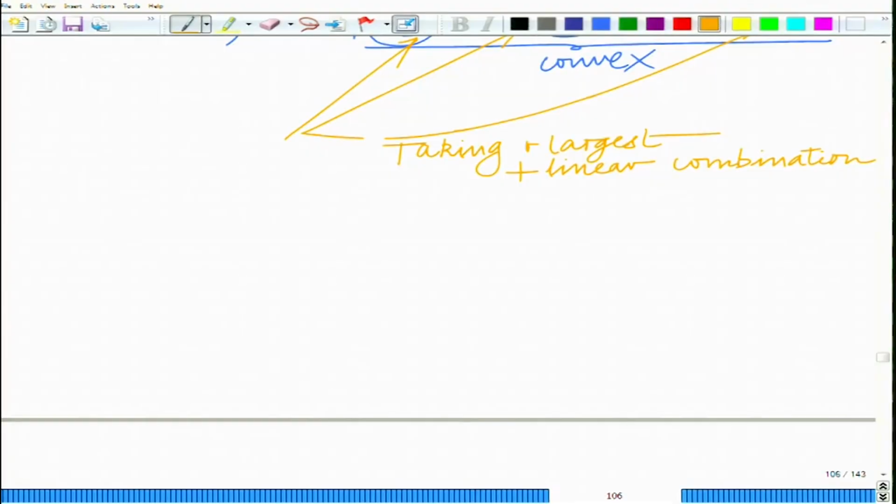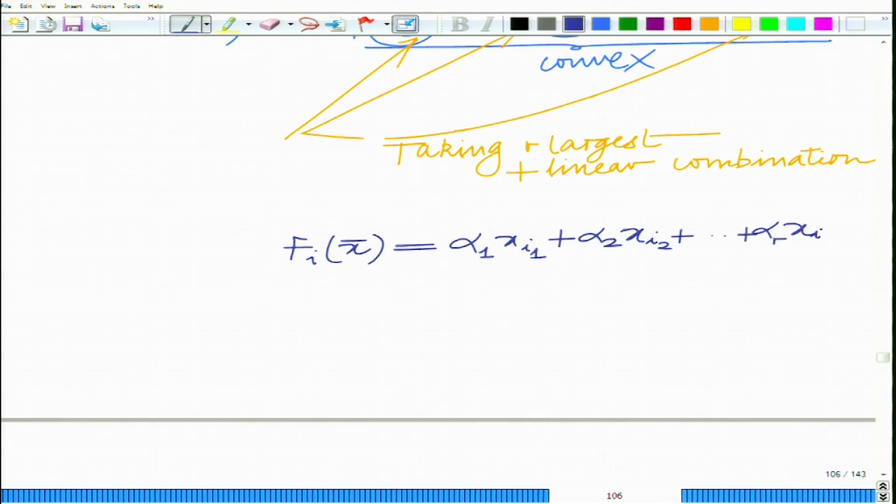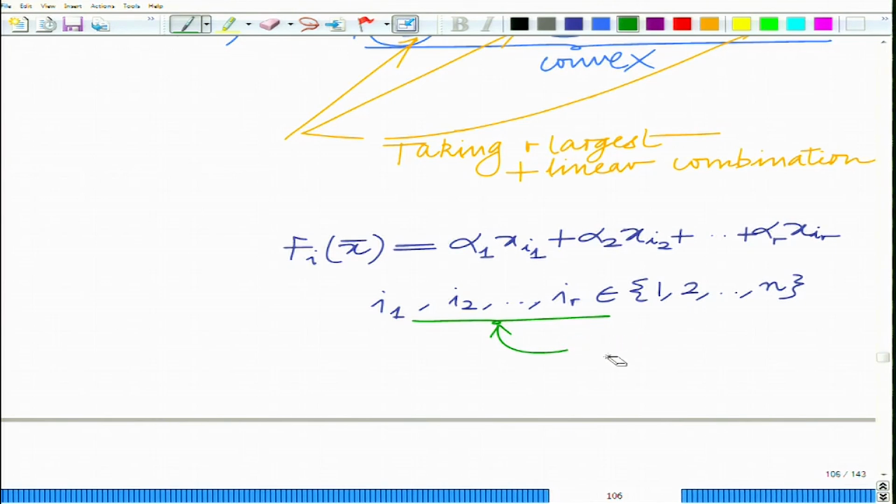and that can be done as follows. In fact, it is very simple. If you consider the function f_i of x bar, which is defined as alpha 1 x_i1 plus alpha 2 x_i2 plus alpha r x_ir, where i1 to i_r belong to the set 1 up to n, and no two of these are equal.